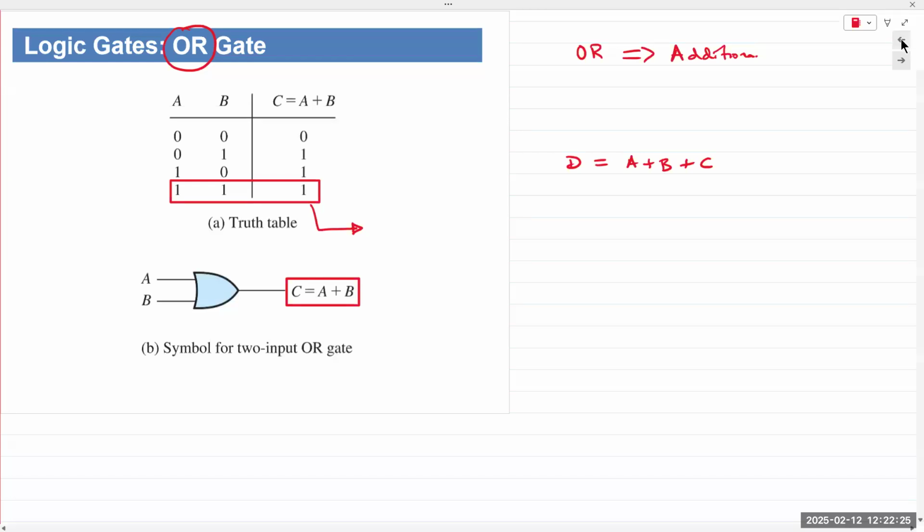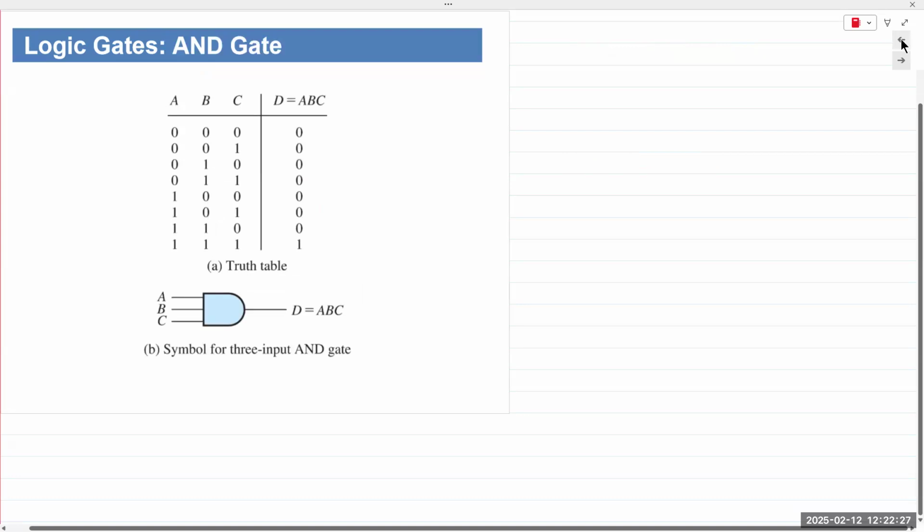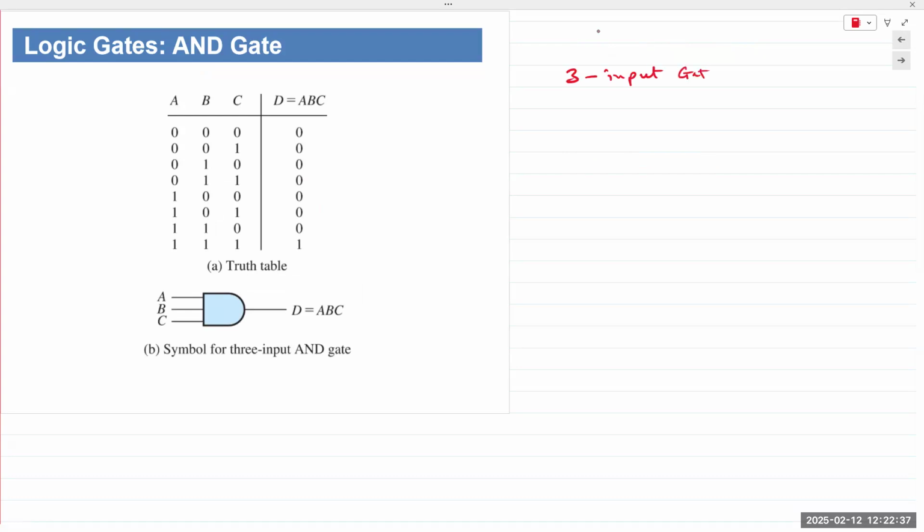I will go back to the slide where we have a 3-input AND gate. The function remains the same for an AND gate. It is A and B and C. Output will go high only when all inputs are high.